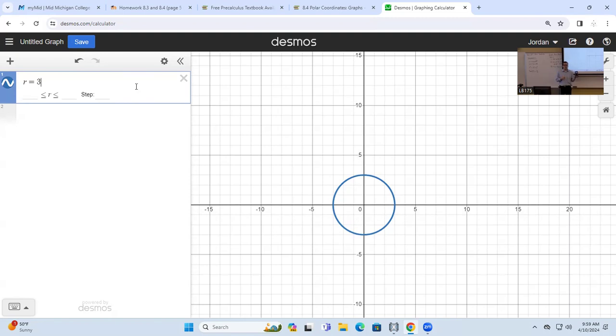By the way, if you want that fixed, go to zoom and do zoom square. It makes each 1 unit on the y-axis the same as each 1 unit on the x-axis. So if you did zoom square, you get a circle. If you do zoom standard, you get a circle, but it's stretched out, so it almost looks like an ellipse.